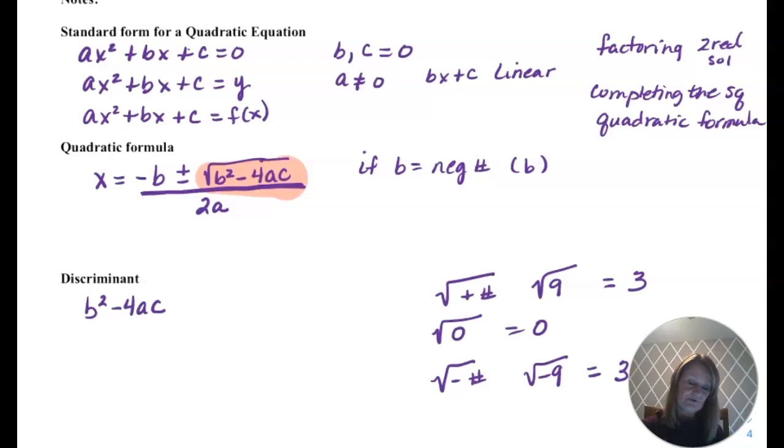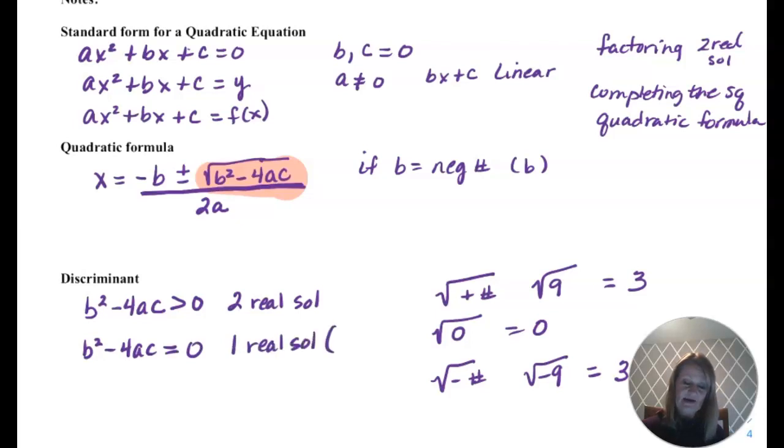So here are the rules. If what's under the radical, the discriminant, is greater than 0, in other words a positive number, you're going to have 2 real solutions. What that really means is you're going to have 2 x-intercepts when you graph it. If b squared minus 4ac is equal to 0, I'm going to have 1 real solution, and we call that a multiple root.